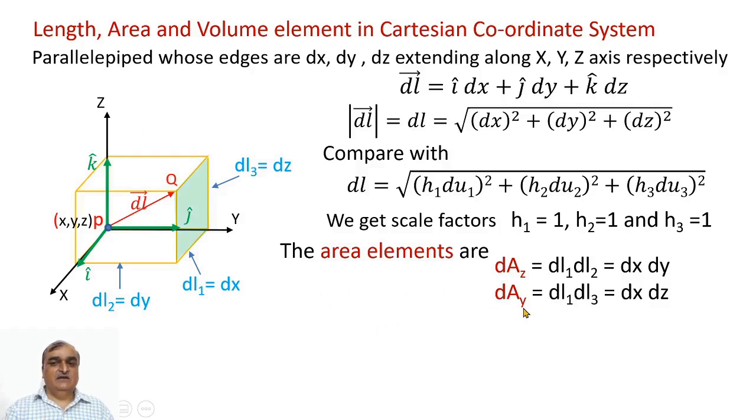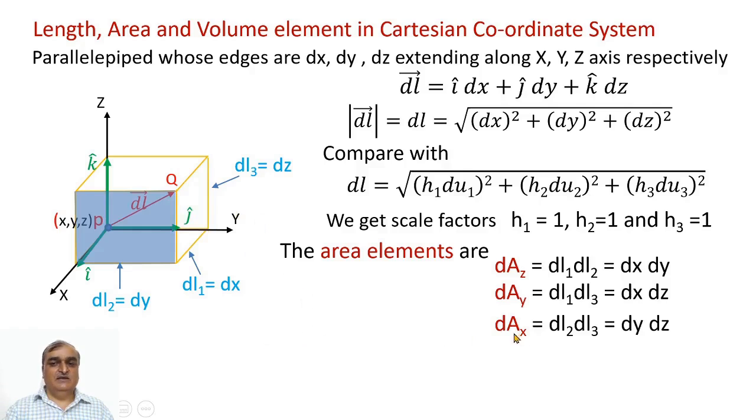Then the second area element dAy, along y-axis, is perpendicular to y-axis. This edge is dl1, this edge is dl3. Therefore dl1 into dl3, that is dx into dz. In vector form, we multiply by j cap, because the j unit vector is normal to this area.